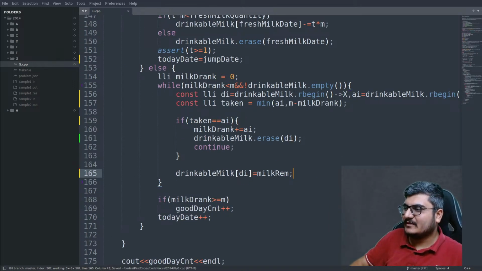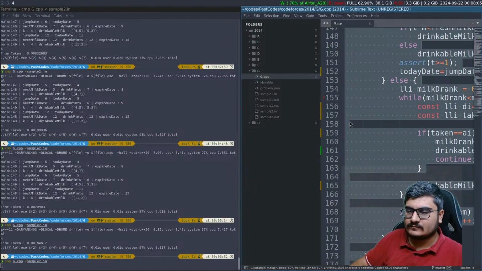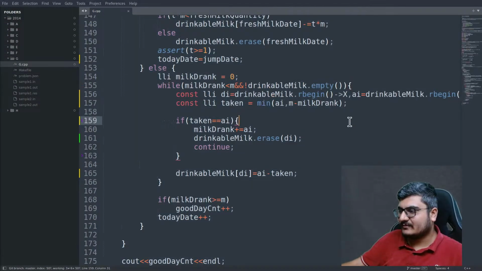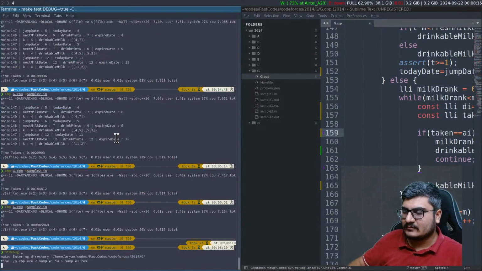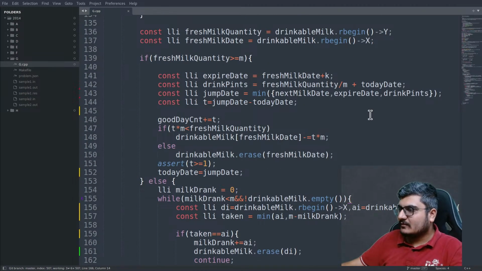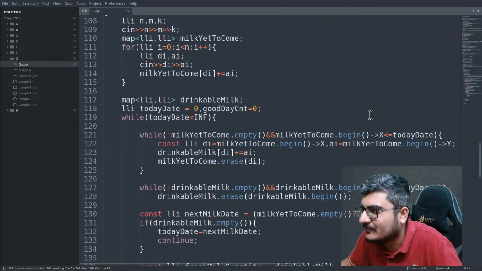Whatever remains would be the remaining milk over here. Okay, the answer is still 5. I will debug for 1 more minute and then call it a day if I do not find a bug.